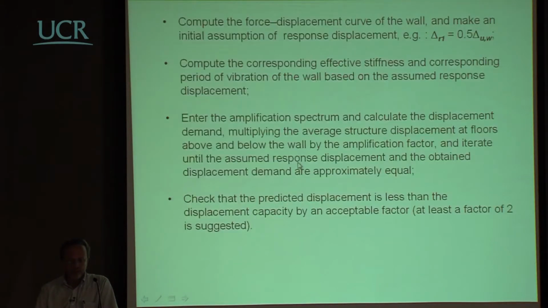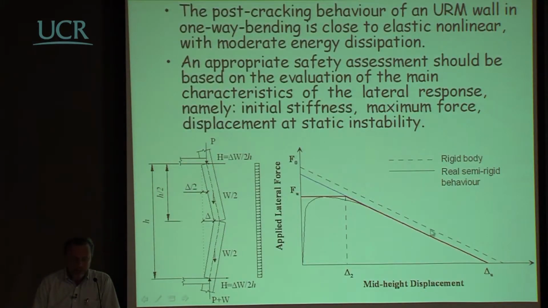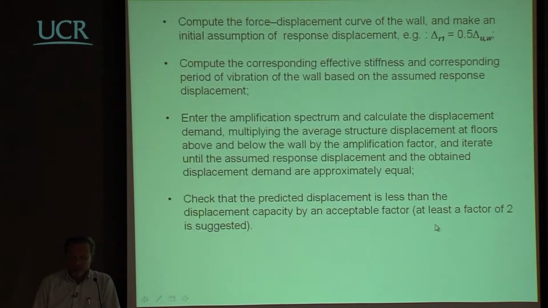So this is the end, in the sense that what we'll suggest to do is to compute the force displacement curve of the wall, which is this curve here, then to make an assumption on the response displacement.